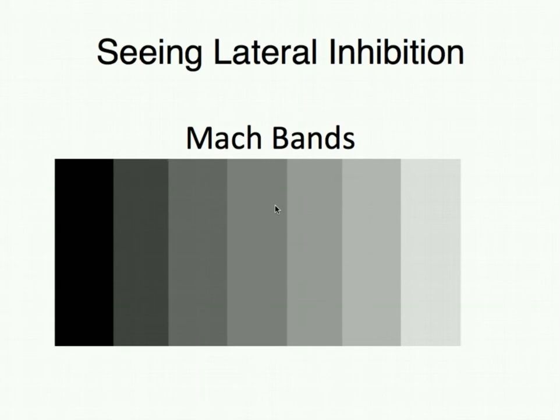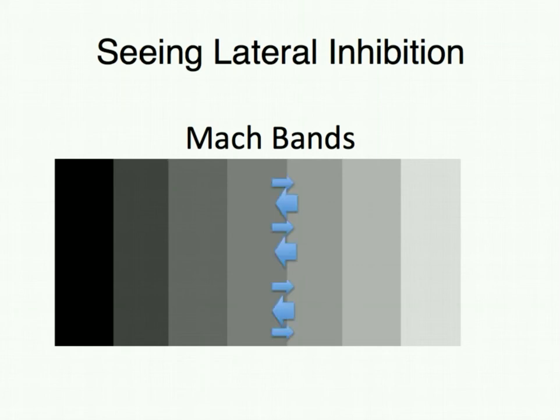An example of lateral inhibition, when we look at figures such as this one: even though these gray bars are uniform, equally gray across within a bar, there's the illusion that this region looks a little bit lighter, and this region over here on this side may look a little bit darker than the rest of the bar. And that is attributed to lateral inhibition.